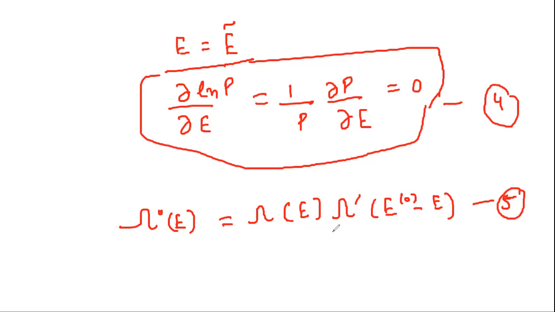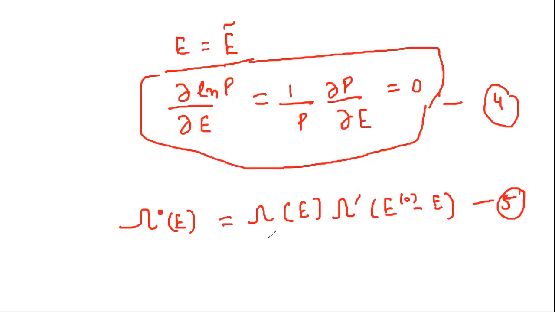Now, since every possible state of A can be combined with every possible state of A prime to give a different state of the total system A naught, therefore the number of distinct states accessible to the combined system A naught when A has an energy E is simply given by this equation 5.